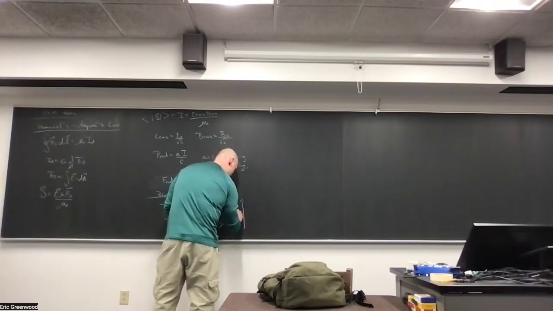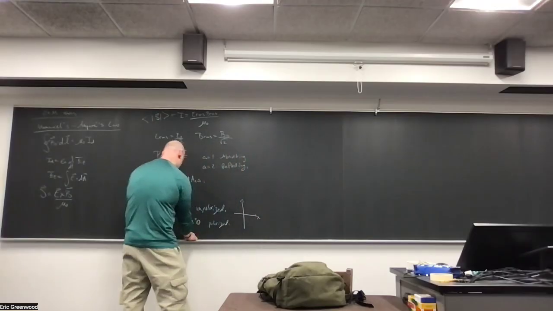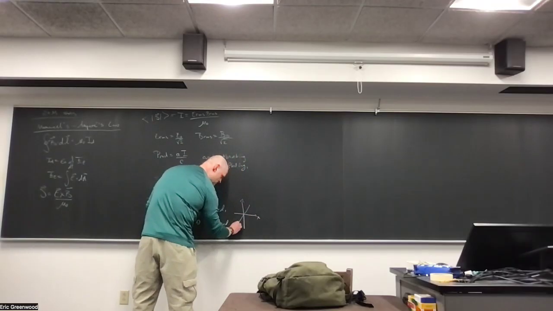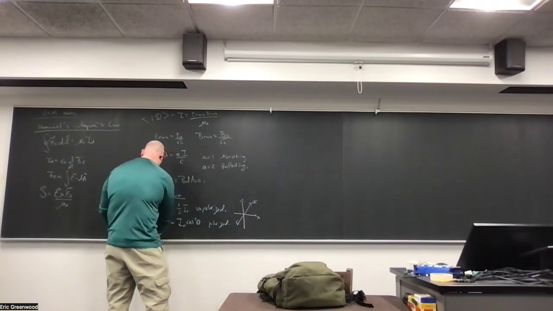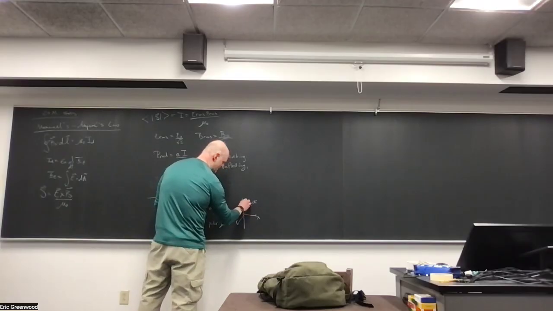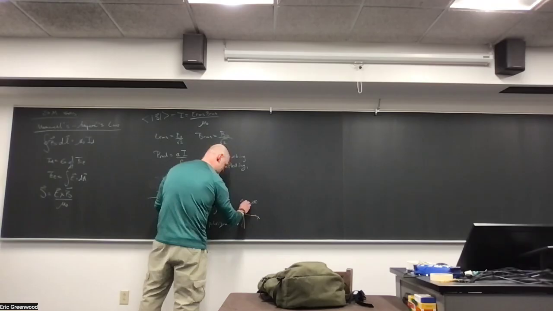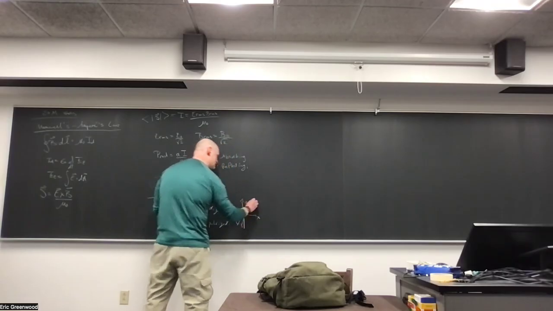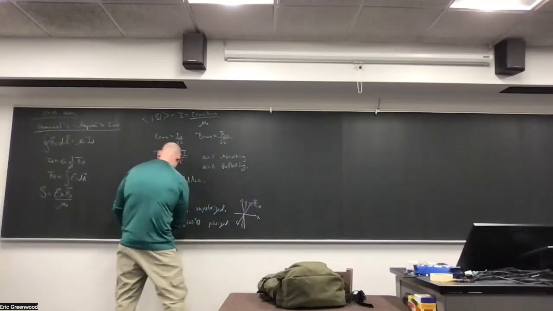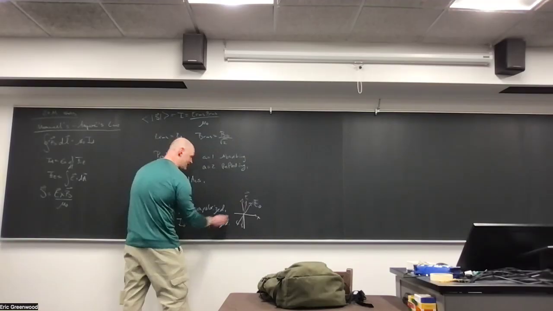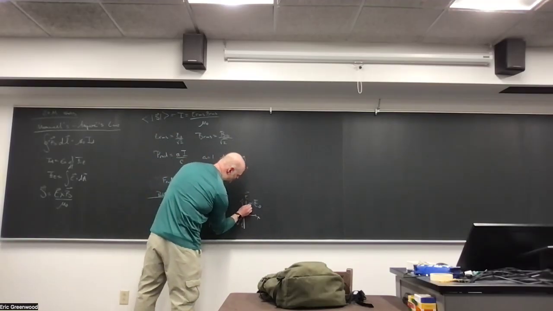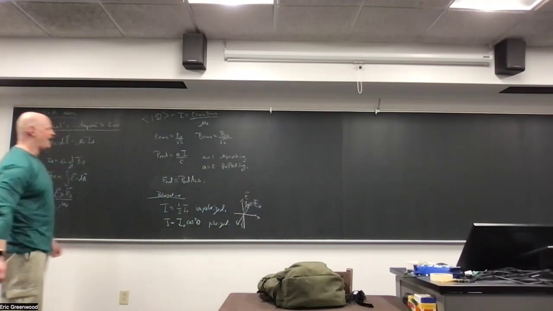So if this is my axis here, let's say this is my original polarization. Let me call this my original electric field, and then this is my new electric field. Then the angle theta is the angle between those two. So that's my angle.